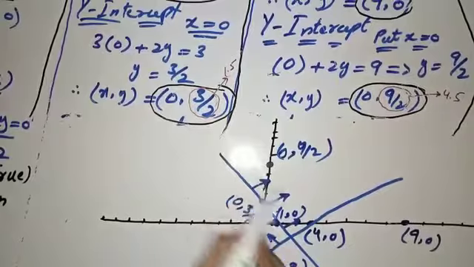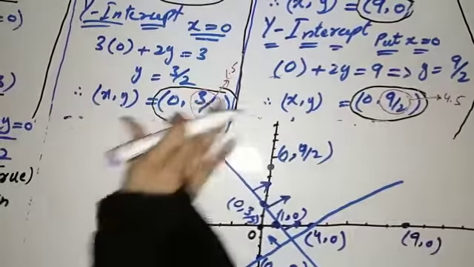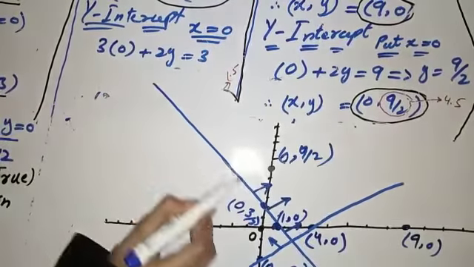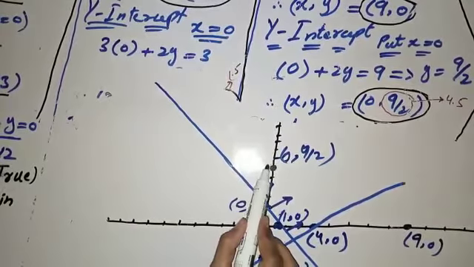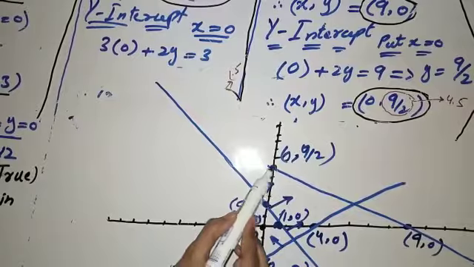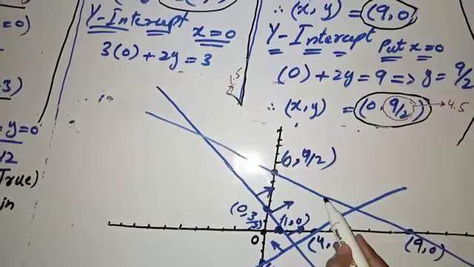Join these 2 points with the help of a scale and extend it. Its graph is towards origin.